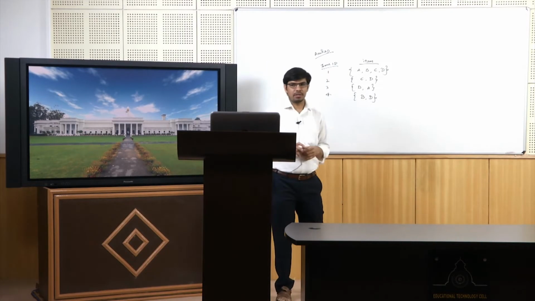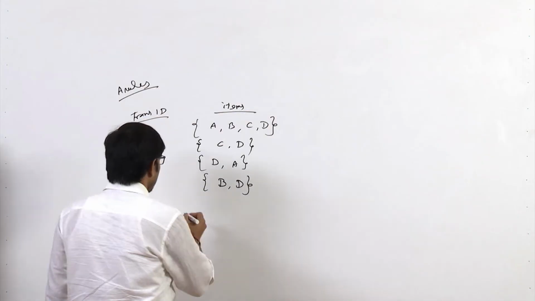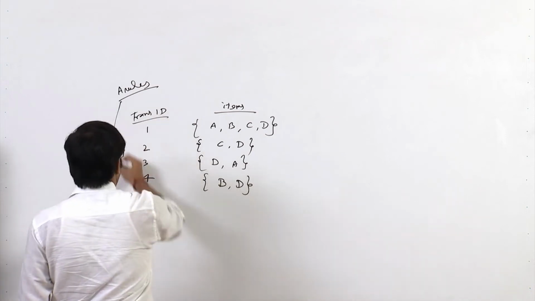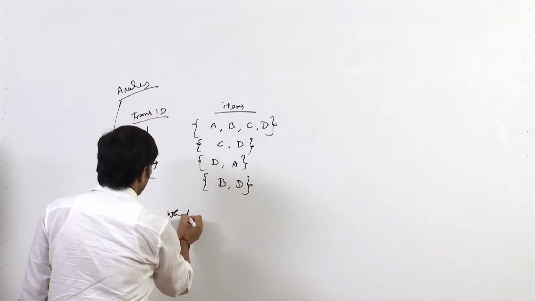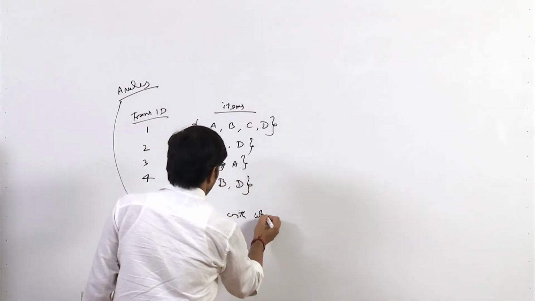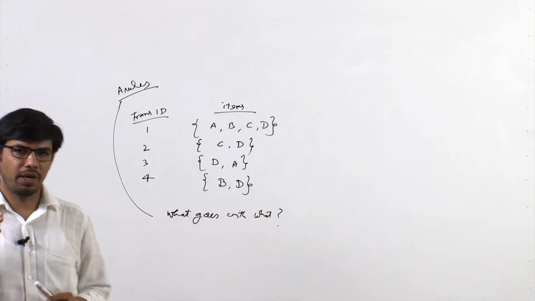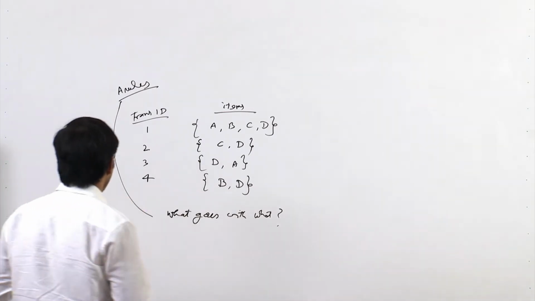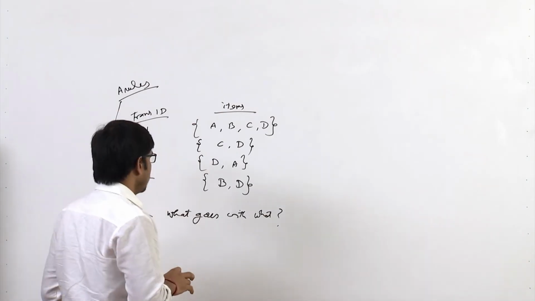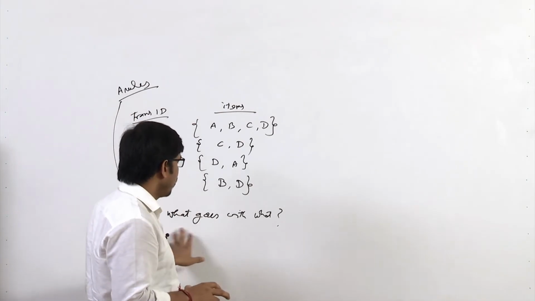Generally, association rules mining is about finding out what goes with what. We will do more discussion on association rules in a much later lecture, when we devote much more time to it. Right now we can understand that it is about what goes with what.